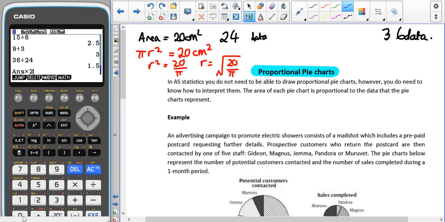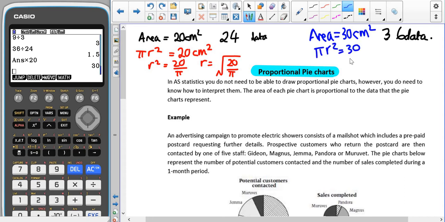The area of the first pie chart was 20. 1.5 times 20 gives me an area for the second pie chart of 30 centimetres squared. And again, that's using pi r squared equals 30, dividing through by pi, and then square rooting our answer. And then we can draw our pie chart. As I said before though, you don't need to be able to draw them, but as a bit of extra understanding of how this works, that's how we would do it.